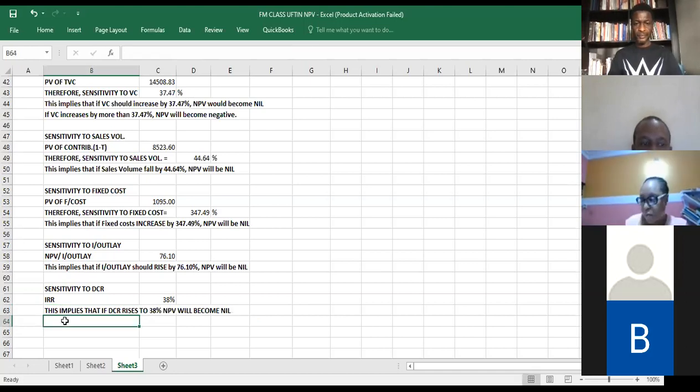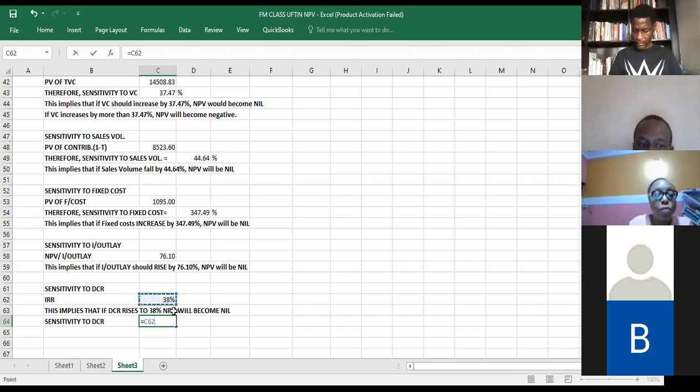However, our sensitivity to discount rate will actually be equal to the difference between our IRR and our normal rate.